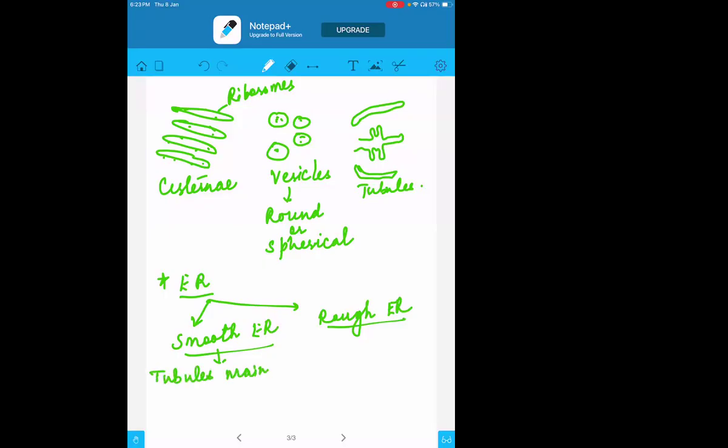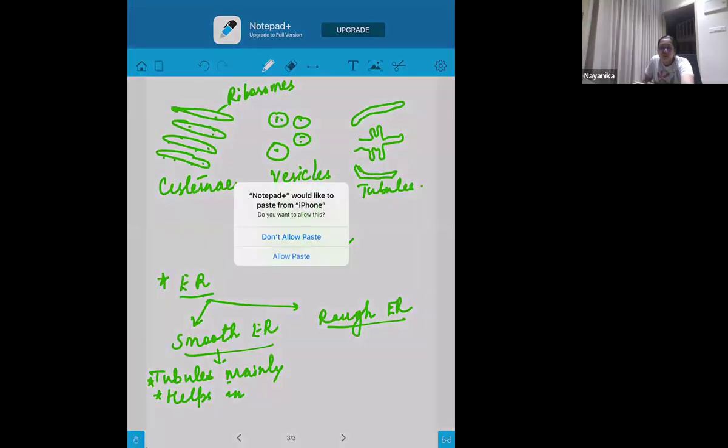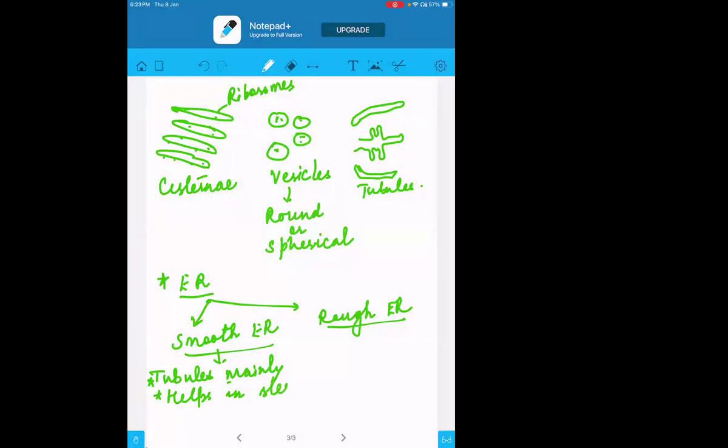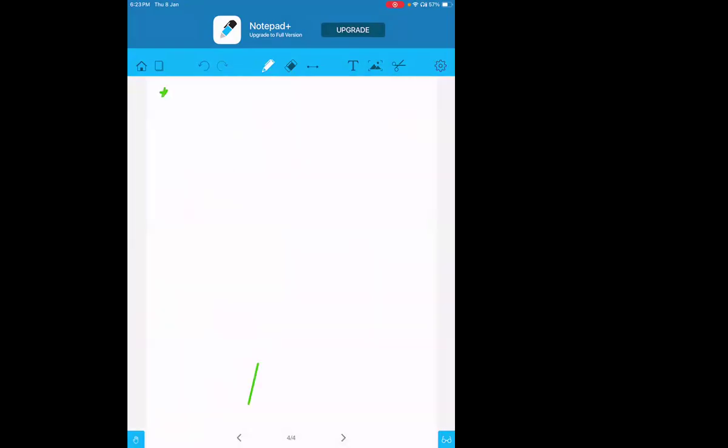They help in the formation of steroids and lipids. And in the smooth ER, the ribosomes will be absent.